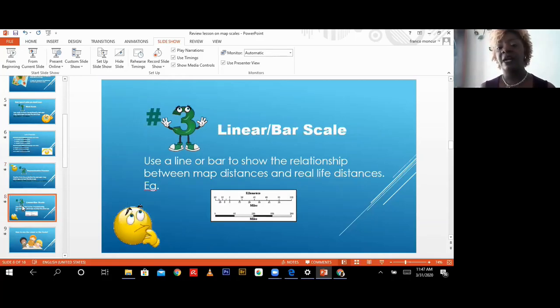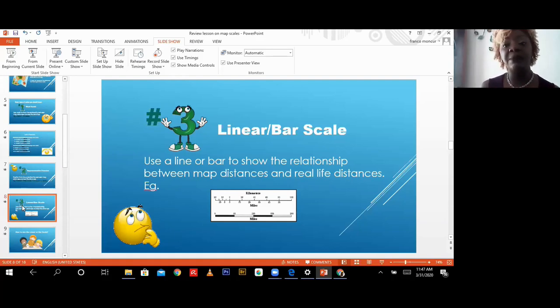All right? Bar scale is what we spent most of the time on today because bar scales are most popular. It's definitely one that will come on your BJC, the map of the Bahamas, as it relates to the question. You have to be careful when you're reading the question because they will ask you specifically for your answer to be in kilometers or miles.